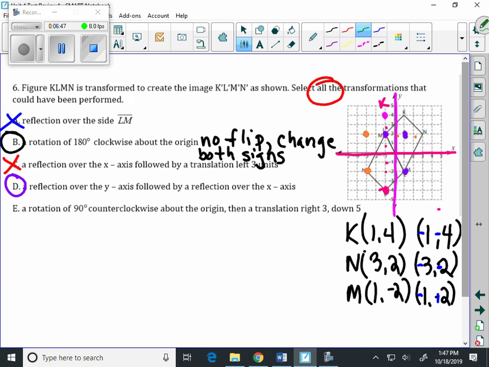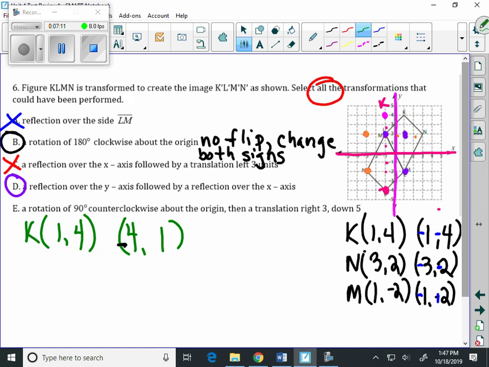And then lastly, a rotation of 90 degrees counterclockwise about the origin. Pick one point, and again I'm going to stick with the value of K, which is 1, 4. The 90 degrees counterclockwise means that we're going to flip, and we're going to change the first sign.